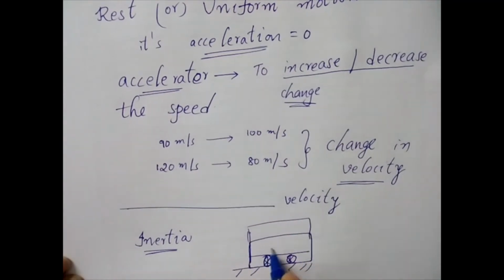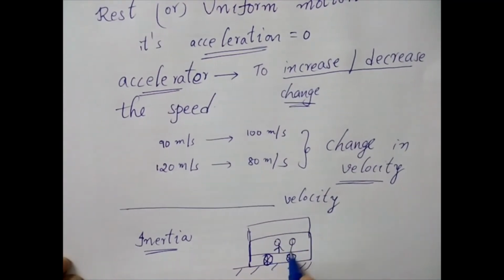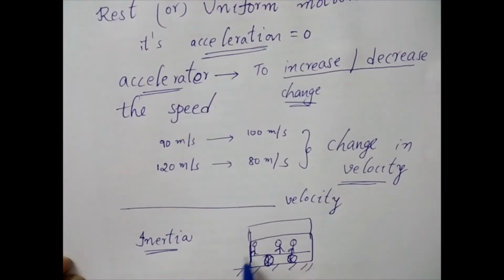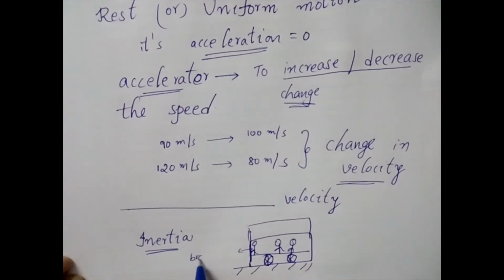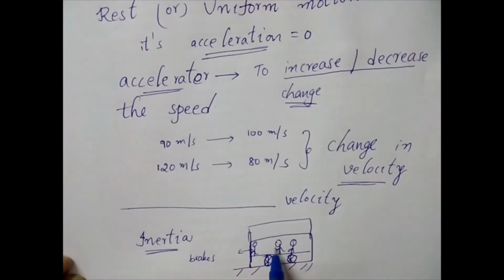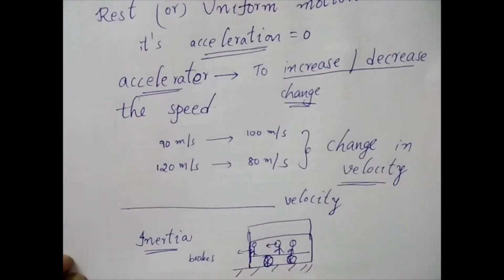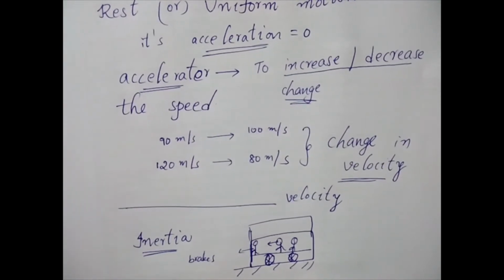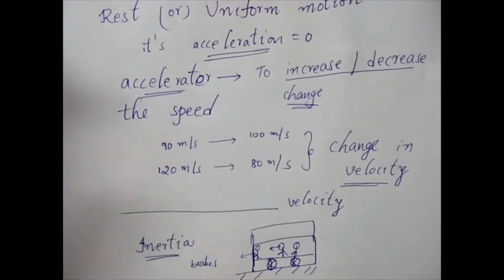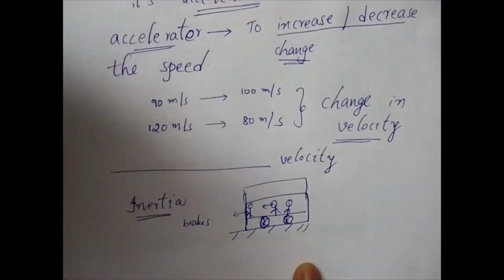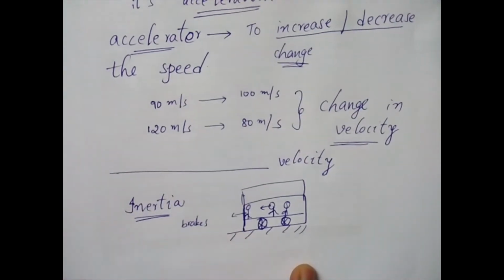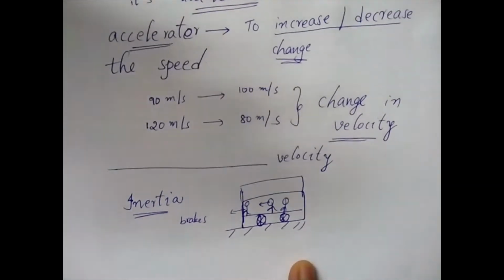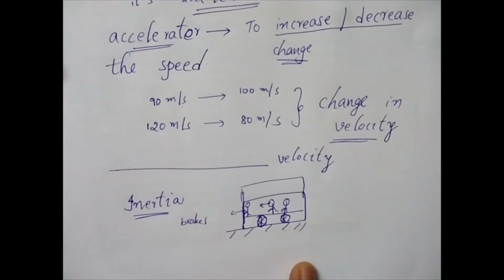Now when you are traveling in this bus, when the driver suddenly applies the brake, you will have a forward push. If you have not observed this, just observe when you are traveling in the bus. This is very easy to observe. Suddenly when the brakes are applied, you will definitely observe that you have a forward push.